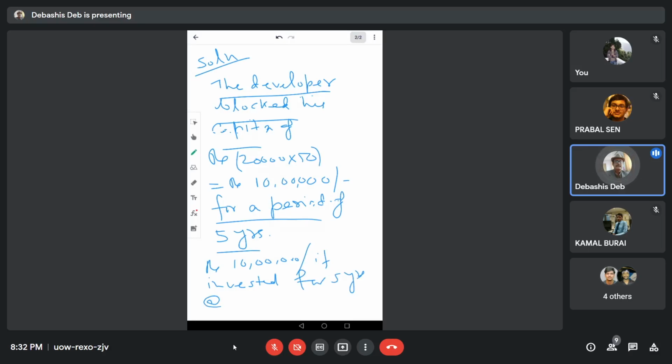For 5 years, it is 8%. Then it is coming 10 lakh into (1 + i) to the power n. So let me clear the page.